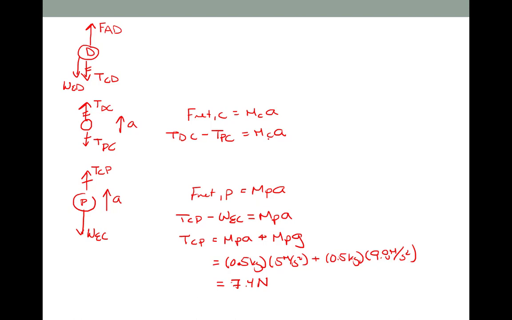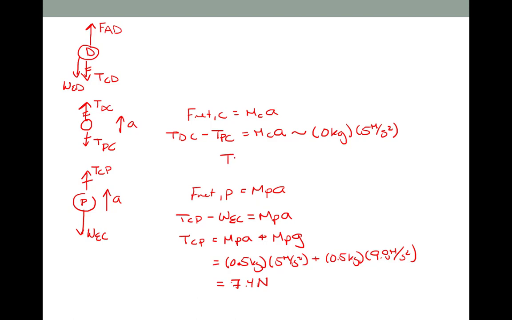The fact that it is mentioned that it is light is actually one of those keywords in physics, which tells you that this is approximately 0 kilograms times 5 meters per second squared. It's not 0, but the mass of the cable is inconsequential compared to everything else going on in the problem, so it is approximated as 0.